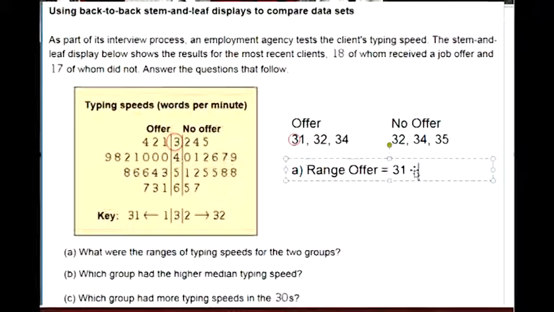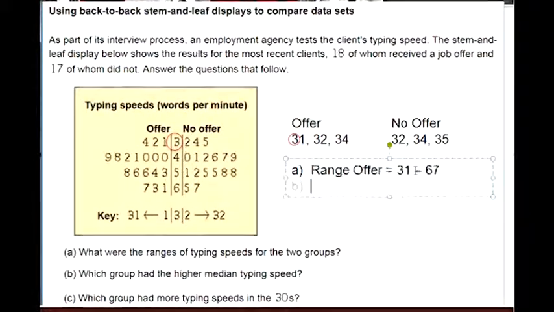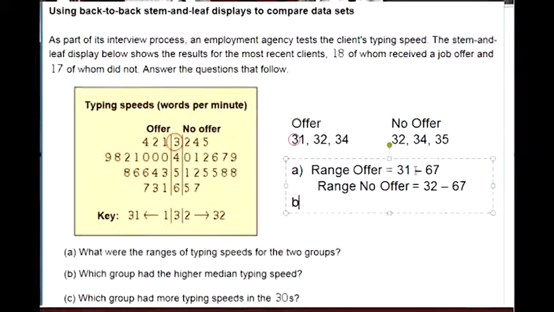Would be 31. And the range goes up to, what's the highest value on the offer side? 67. So there's the range for the offer. And then the range for the no offer, and what would that be? The lowest one was 32, and the highest one, once again, was 67.